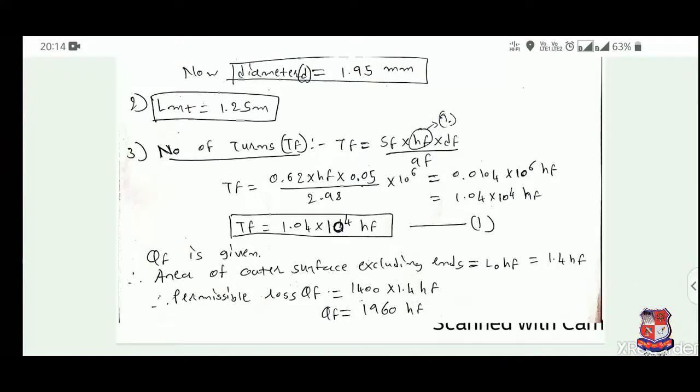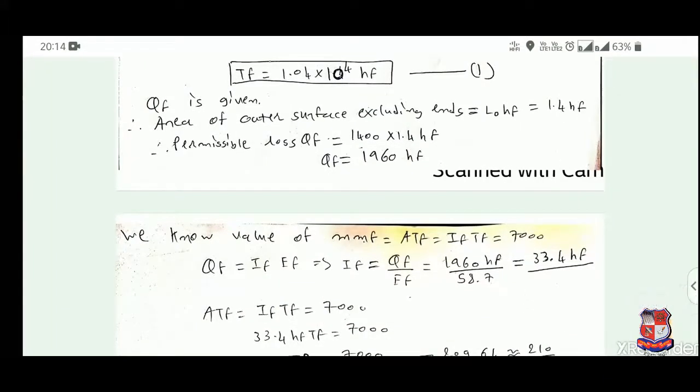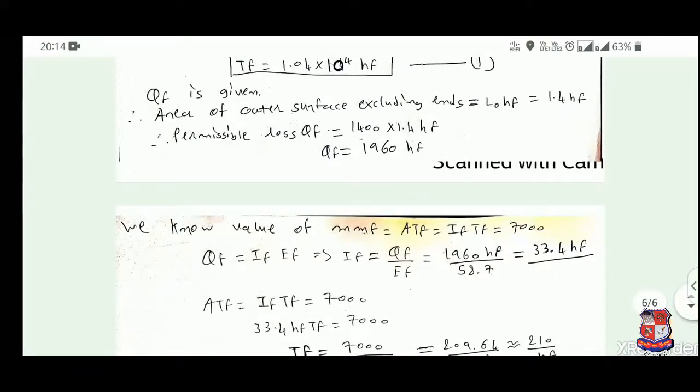Now we need to compare this with TF, so we need to recall an equation which we can relate. Sometimes one equation is I square into R, but we don't know the value of RF, so we consider this loss as a power, and we can use the equation of power. It will be useful: QF is equal to IF into EF.